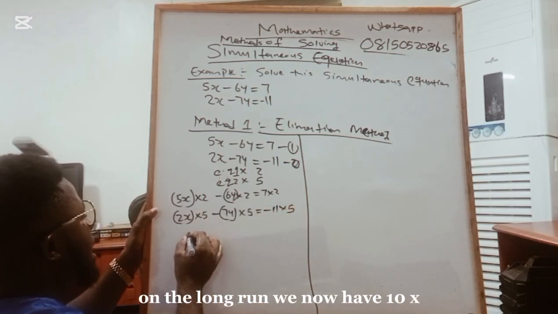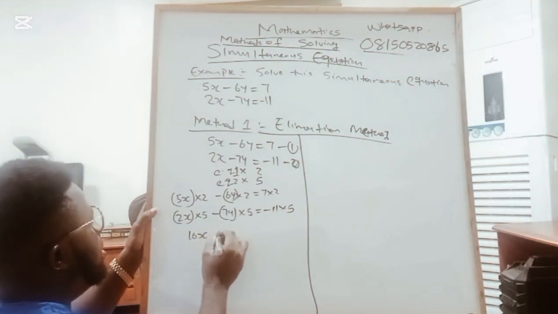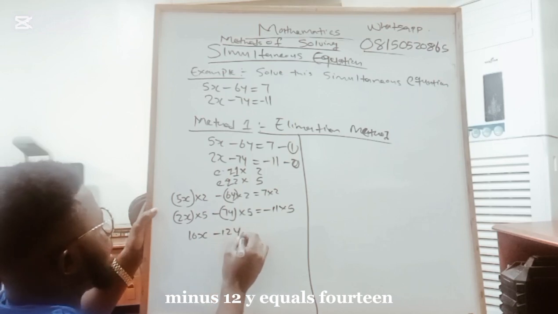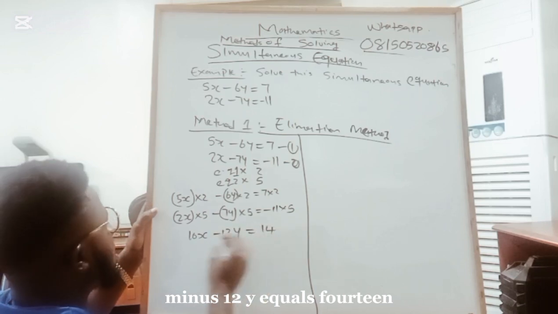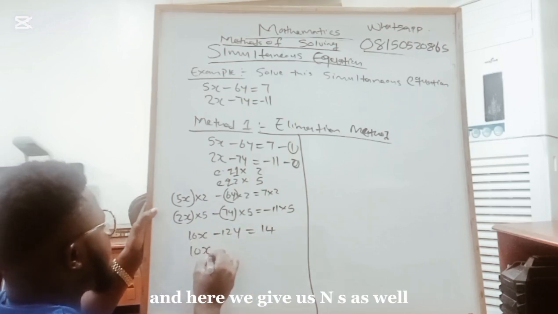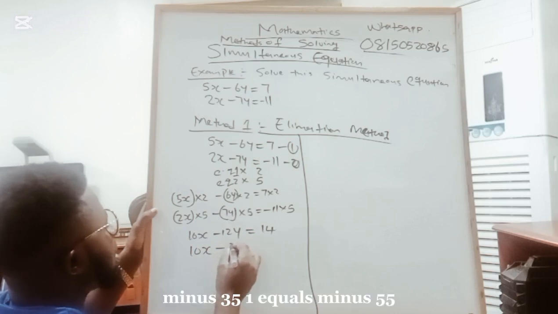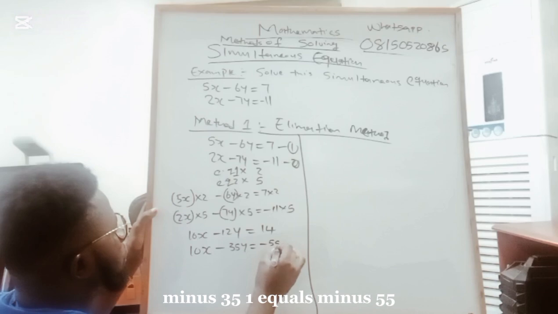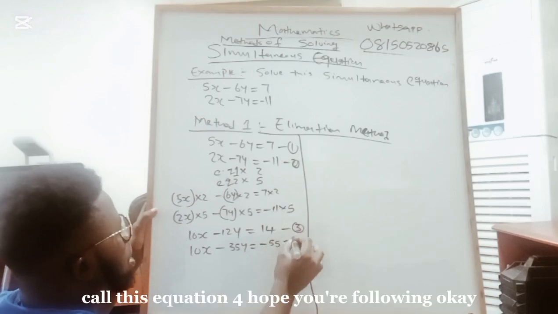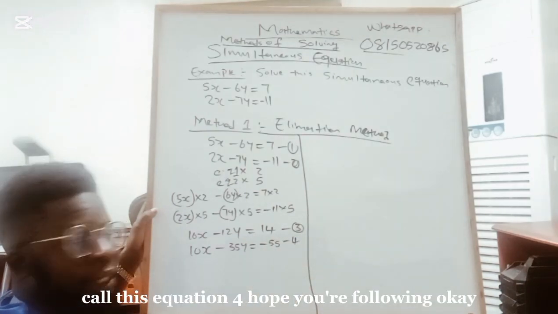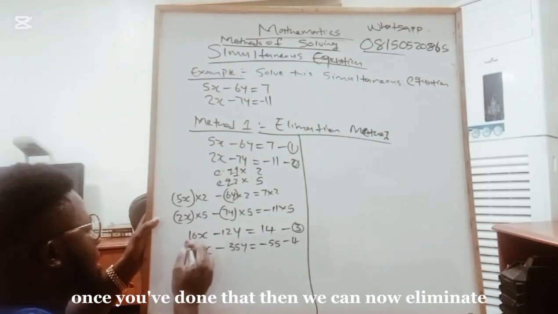In the long run, we now have 10x minus 12y equals 14, and here 10x as well, minus 35y equals minus 55. Call this equation 3, call this equation 4. Hope you're following.